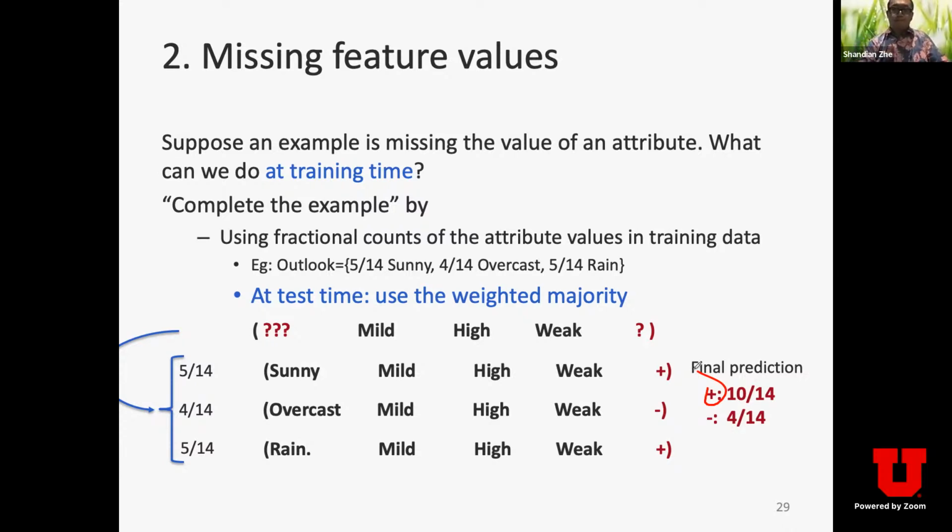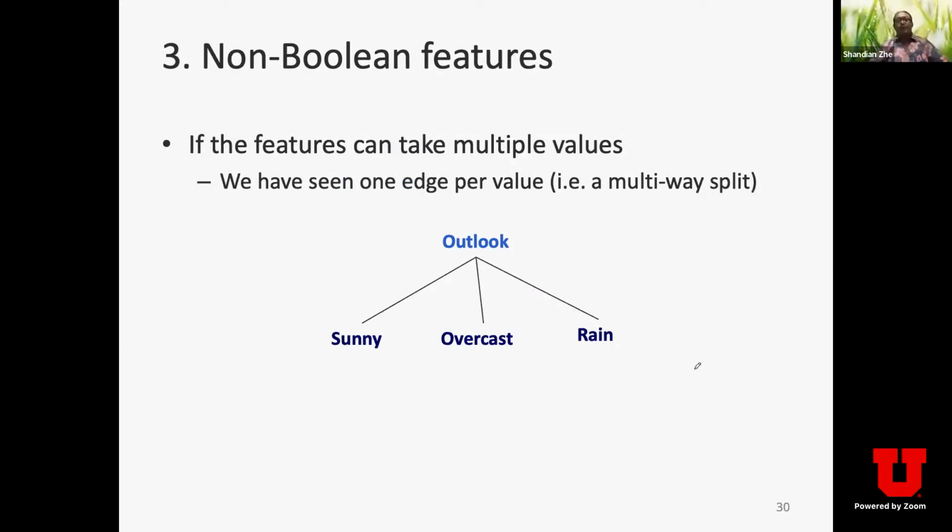Okay, great. So the third one I want to talk about is non-binary features. In our previous discussion, we talked about, if your attribute is continuous, real valued, we can use binning or some thresholding to convert it into discrete features, right?